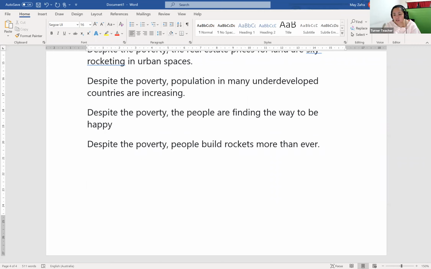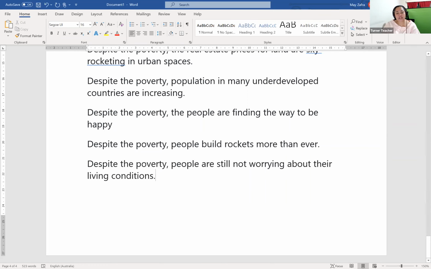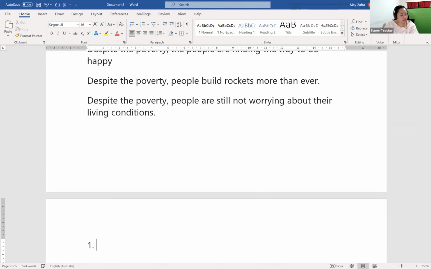Despite the poverty, people are still not worrying about their living conditions. Yes, correct, Carol? Good. So let's try in spite. Number one for in spite is in spite of the financial assistance.